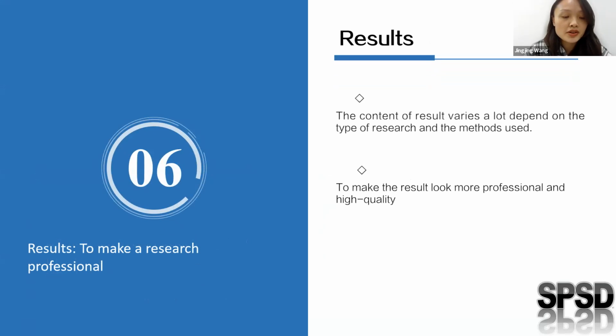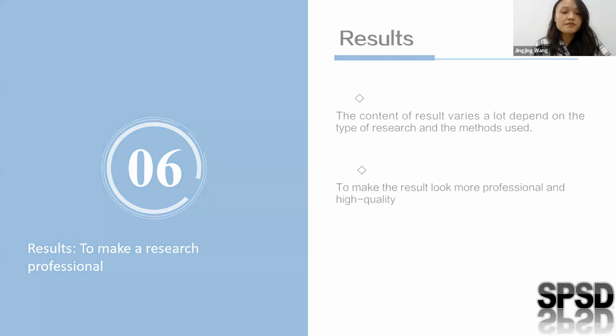The results section can make your research paper much more professional. The content of the results differs a lot depending on the type of research and on the method you use. So I will just speak from a general aspect and give some pieces of advice to make your results look more professional and high quality.